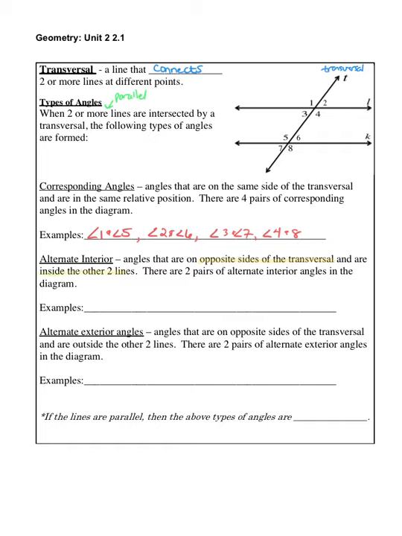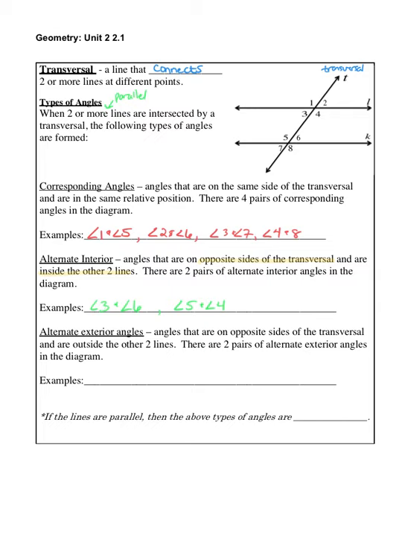So there are 2 pairs of alternate interior angles here: angle 3 and angle 6, angle 5 and angle 4. You see how 3 and 6 and 4 and 5 are on opposite sides and between the parallel lines.